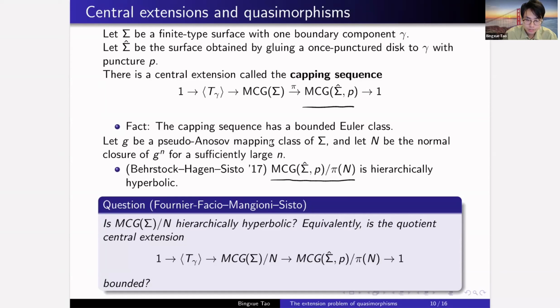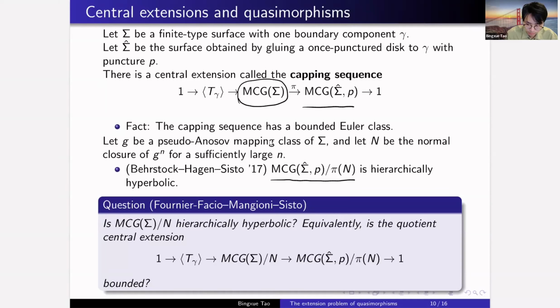I don't introduce what is hyperbolically embedded, but Giorgio mentioned it in his talk. So the question is whether the quotient group of the mapping class group of sigma is also hierarchically hyperbolic.